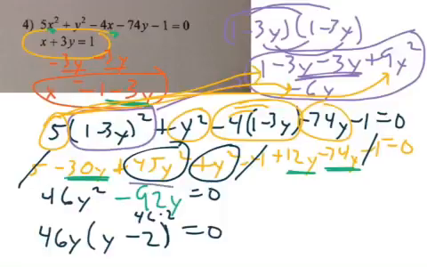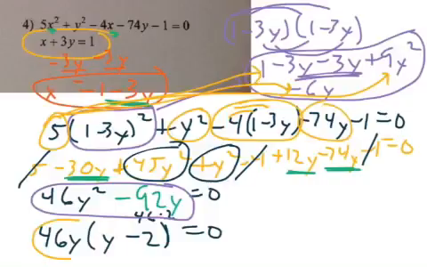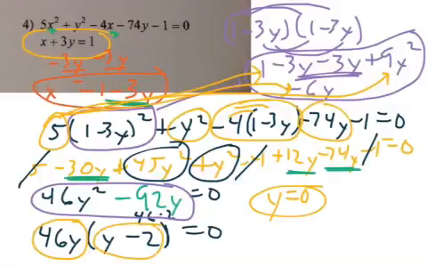And follow the purple here, guys. Hopefully you understood how I factored out a 46y. Now finishing up, go back to gold here. I know 46y can equal 0 only if y equals 0. And I know y minus 2 right there can only equal 0 if y equals positive 2.